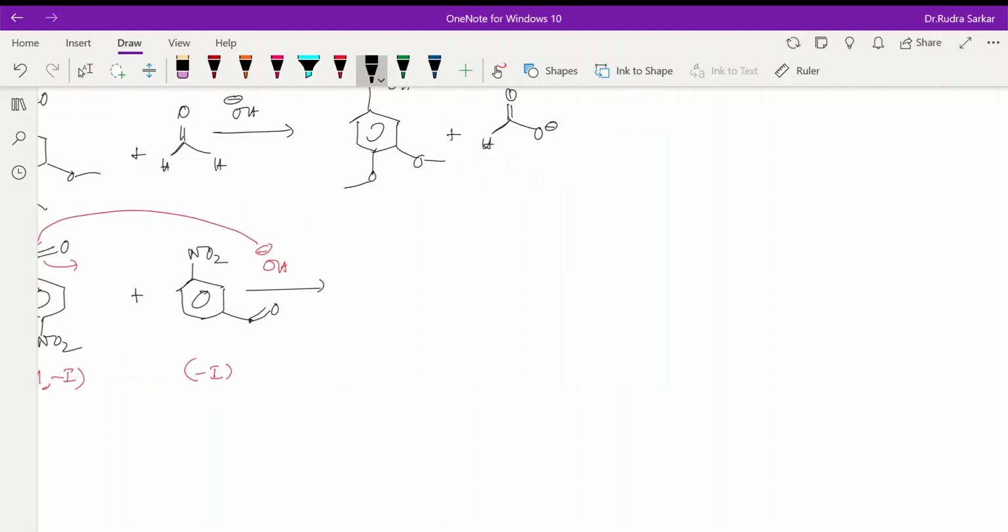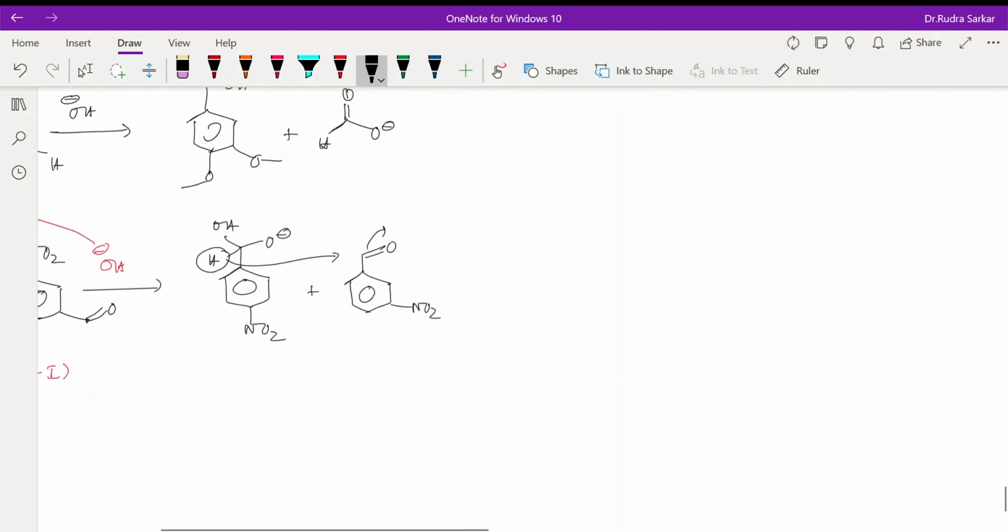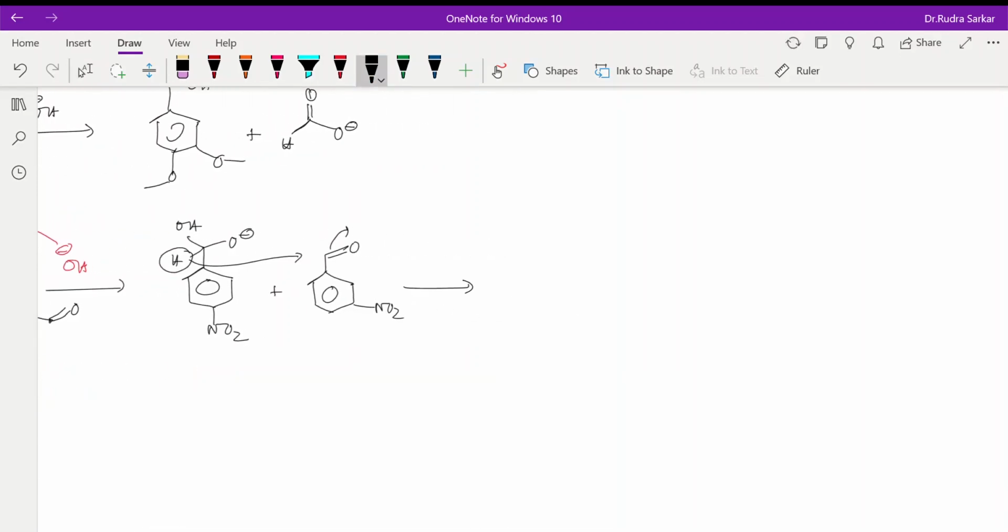That would mean that this becomes that, and now the hydride ion will attack the carbonyl which is attached meta to the other nitro group.